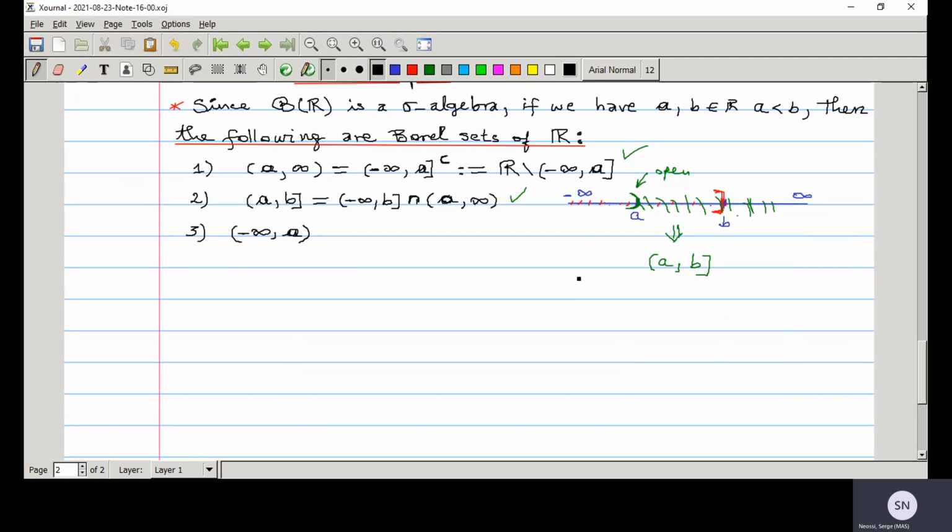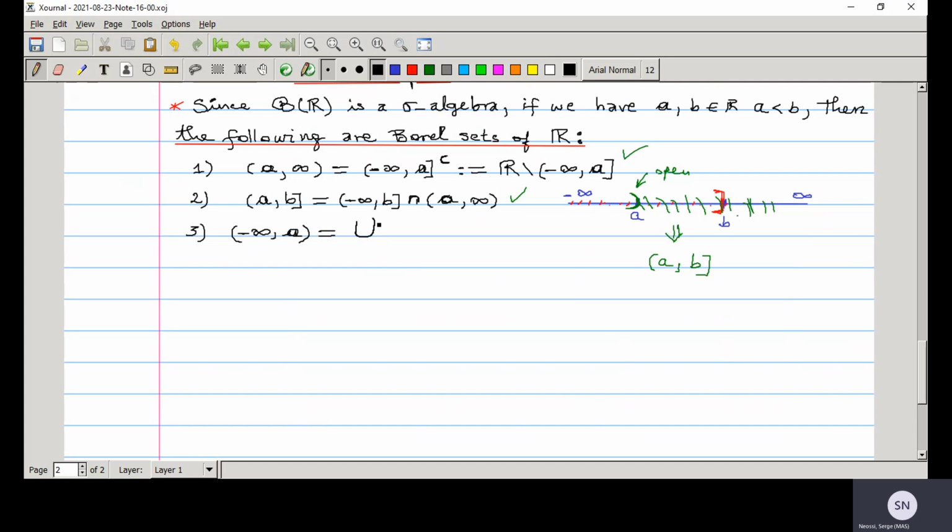Okay, so this one, why is it there? We need to show that it can be written as either complement, intersection, or arbitrary union. You can say that this is a finite intersection. But we can write this as an arbitrary union. How can we do that? This indeed is equal to the arbitrary union.